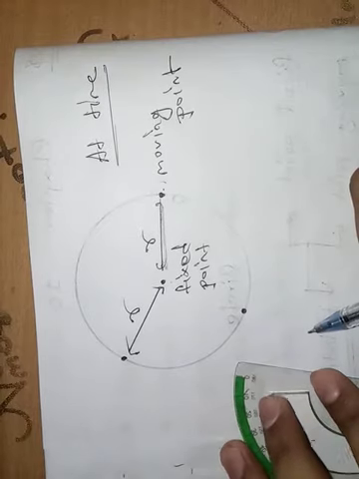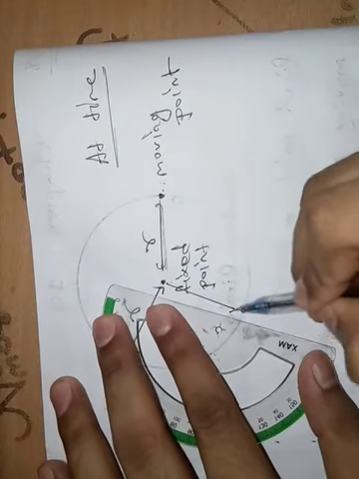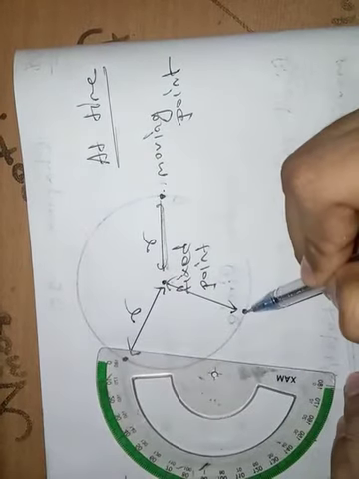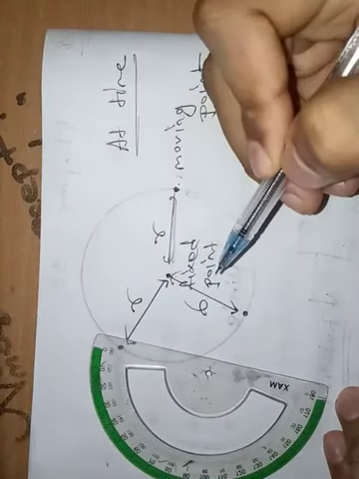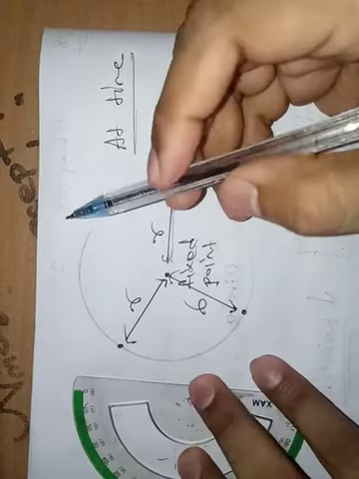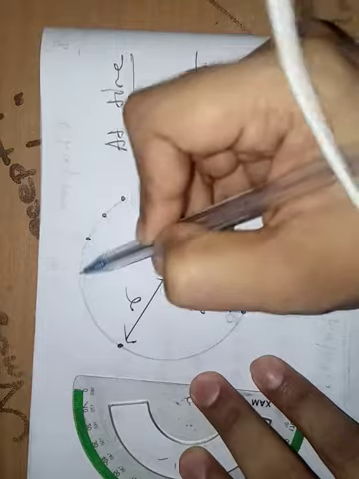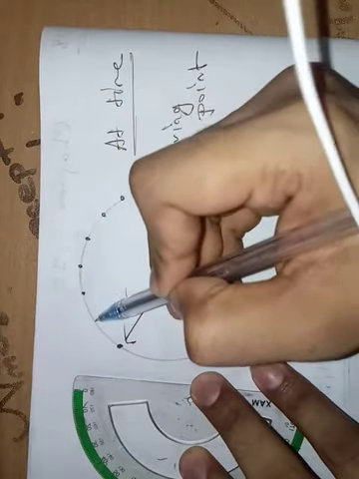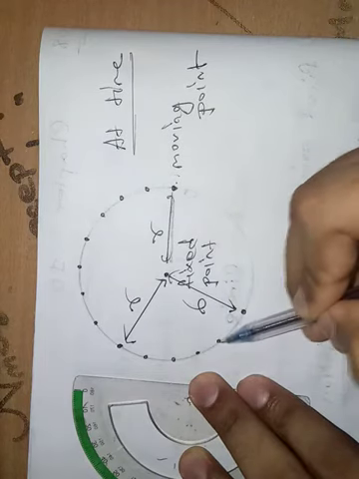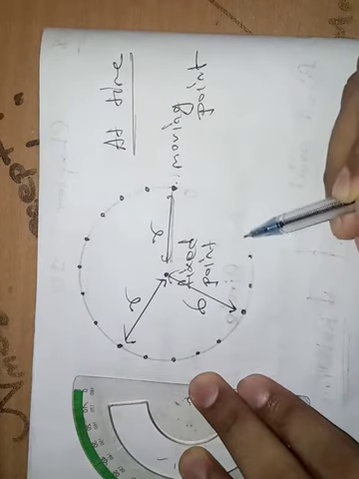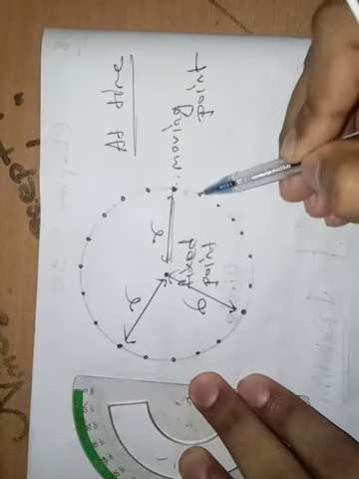Now if I measure the distance between the moving point and fixed point, the distance is also R. That means in any position, the distance between the fixed point and moving point remains constant.